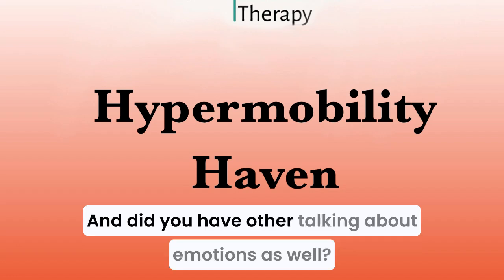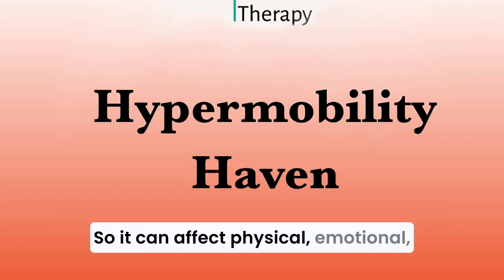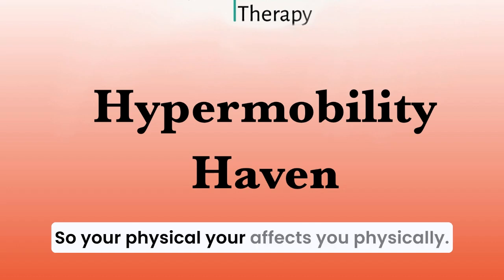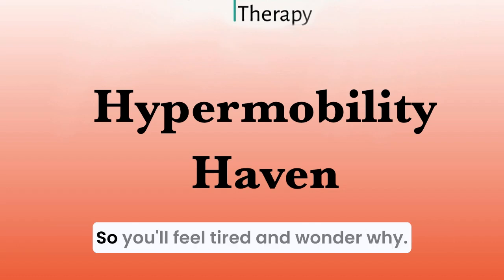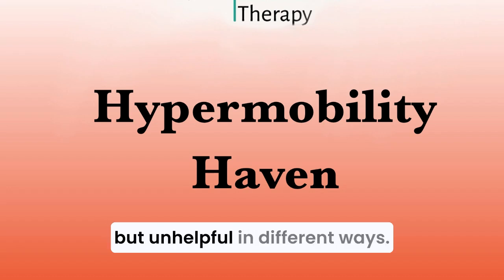And did you have something on emotions as well? Yeah, so what effects does fatigue actually have on the body? So it can affect physical, emotional, behavioural and your cognitive systems. So it affects you physically, so you'll feel tired and wonder why sleep is both helpful and unhelpful in different ways.